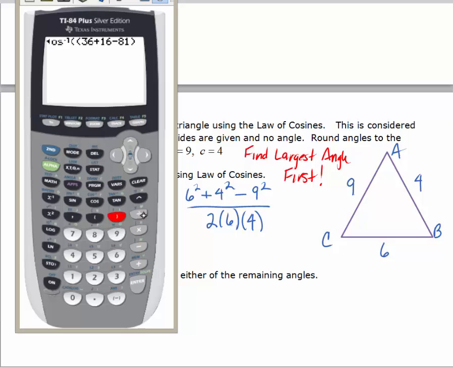Close the parentheses on the numerator and then divide by the denominator. So I'm going to either evaluate the 2 times 6 times 4 in my head, which in this case is pretty easy to do, 48, and then close the parentheses. If I choose to multiply this out on the calculator, I'm going to need parentheses around the 2 times the 6 times the 4.